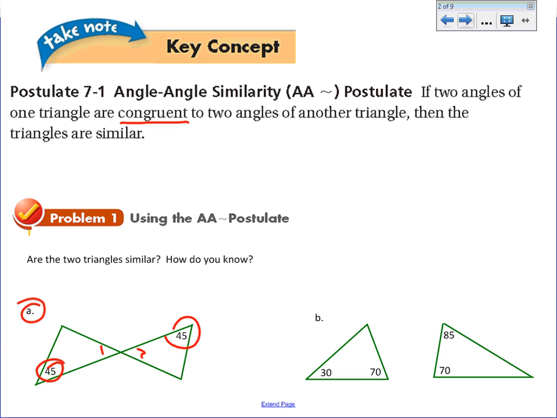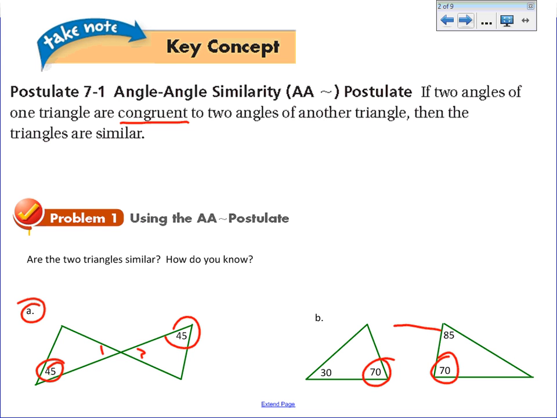Okay, B. What about B? We have a problem with B? What's the problem with B? Come on, guys. They're not similar. Why? Right, because the angles aren't congruent. We have 70, 70.